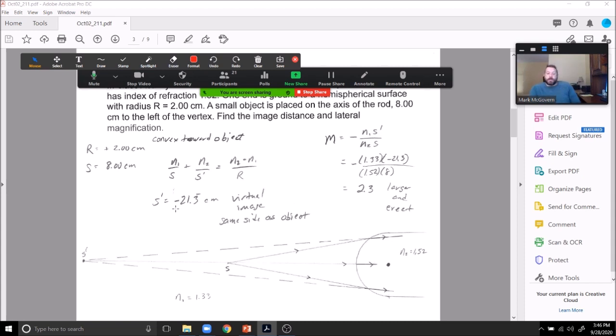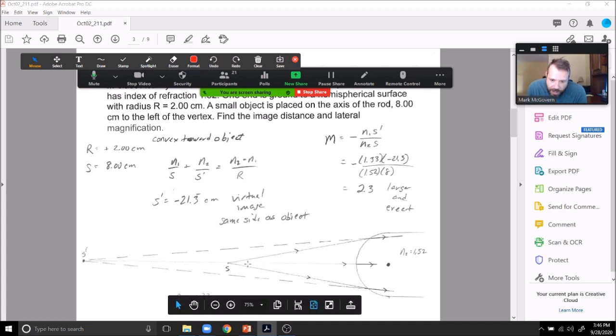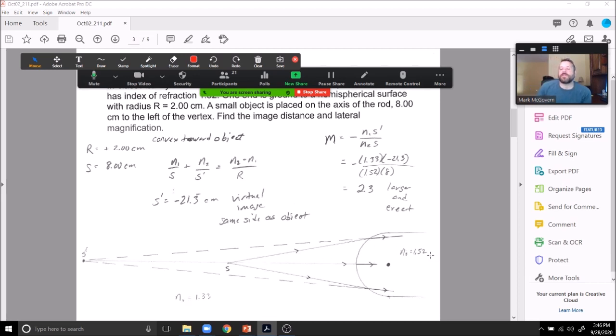I drew the picture out because it's good to see why. When you enter into this, even though we're going from lower to higher, the light rays are going to bend for sure. The question really is, do they bend enough? There's a balance point here.